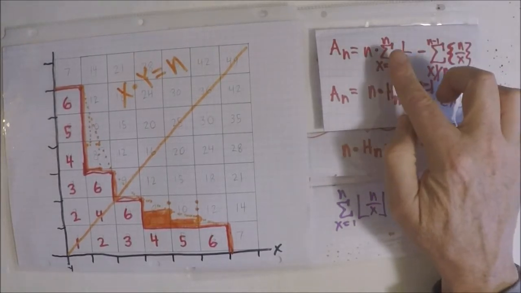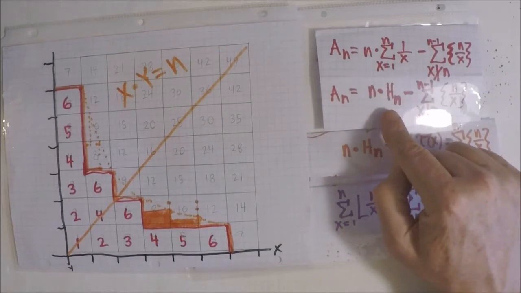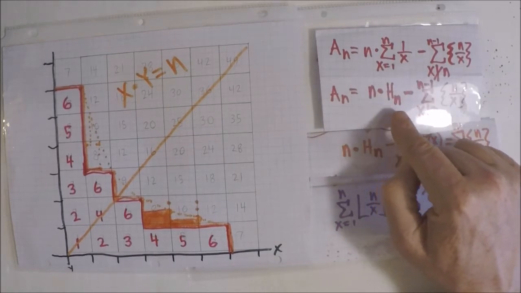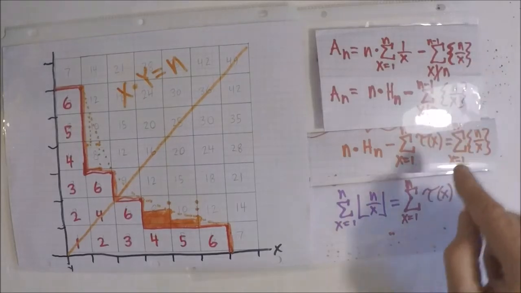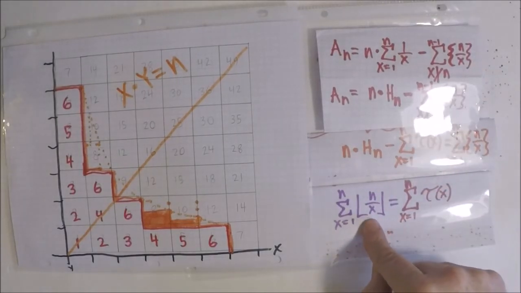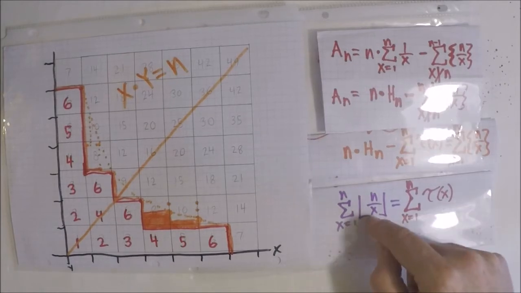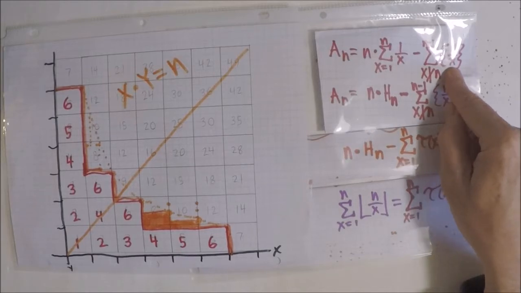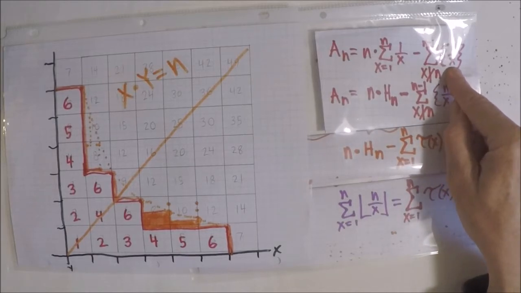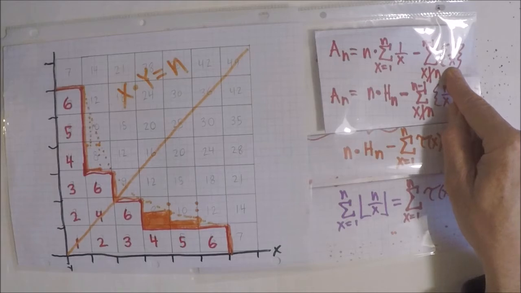And ultimately proved this identity, that the sum from x equals 1 to n of the floor of n over x is equal to the sum over the same x equals 1 to n of tau of x, the number of divisors function. The glare here is unfortunate, but everything you see comes directly from the previous video.